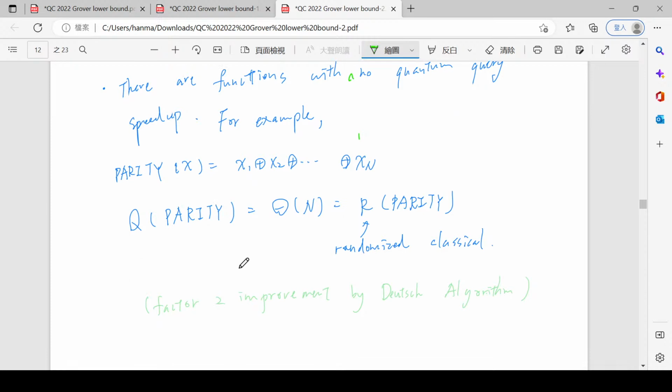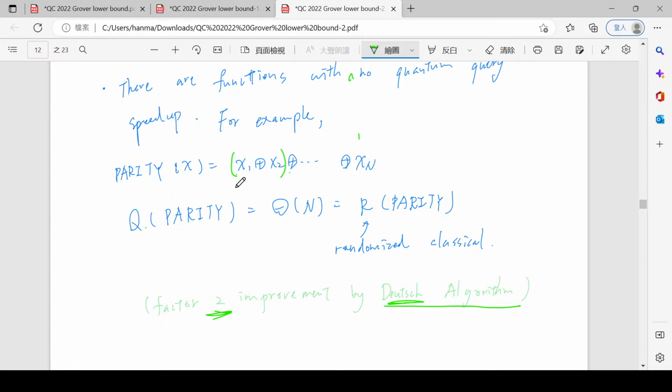That is, you can get a constant factor difference between quantum and classical, and it's a factor of 2. And we have actually already seen it. That's just the Deutsch algorithm. Remember, when the input is just 2 bits, x1 and x2, the Deutsch algorithm says that with one query we can compute the XOR of x1 and x2.